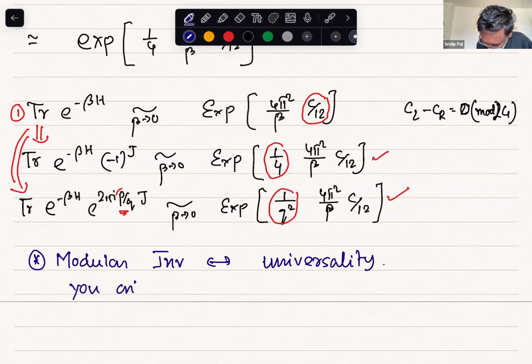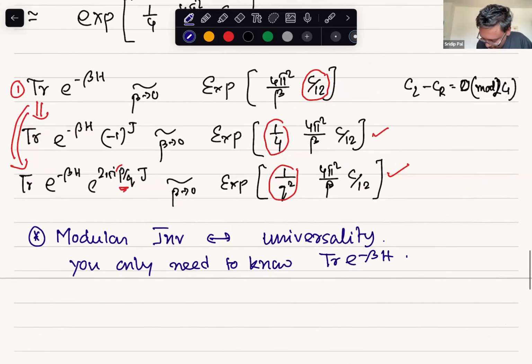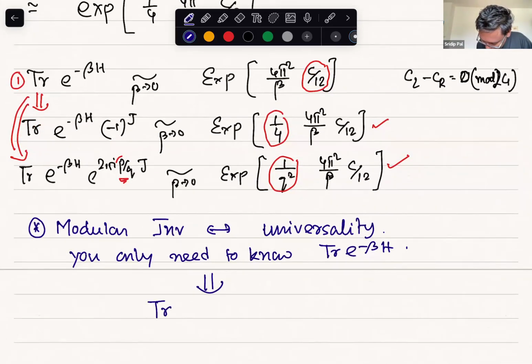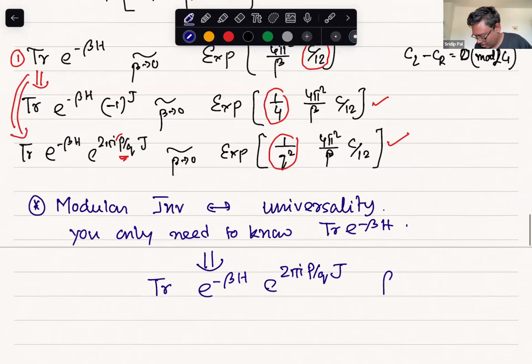You only need to know trace e power beta h, and that automatically tells you about all of these grand canonical ensemble quantities for all p over q belonging to rationals.